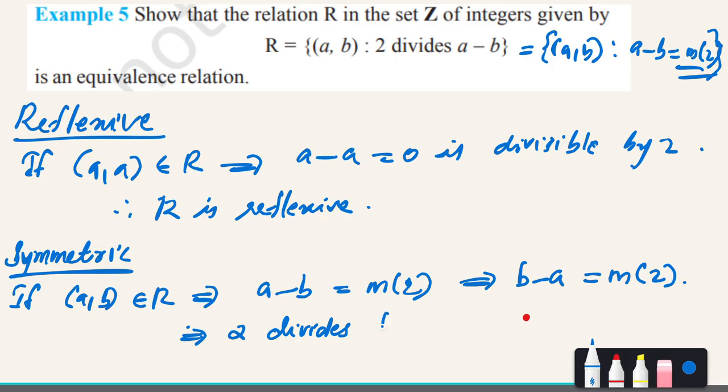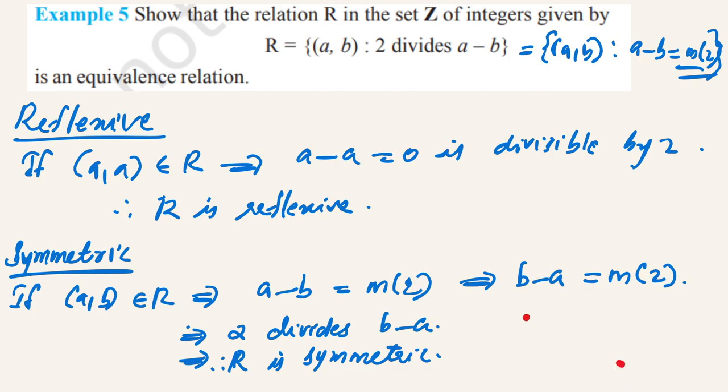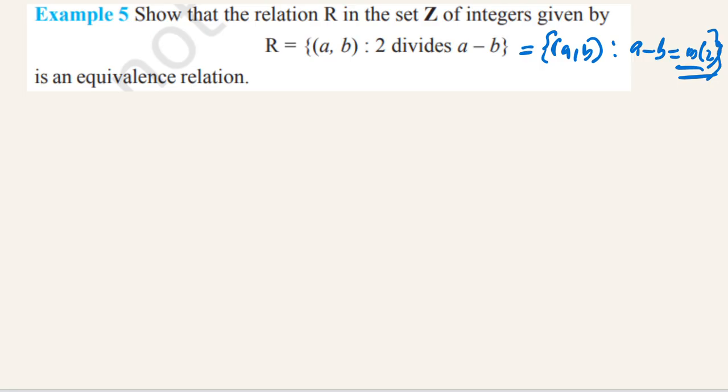Therefore, we can say that R is symmetric. I hope it's clear. We have to select a pair from the relation, and you have to check that when we switch the order, it also belongs to R. Then we can say that R is symmetric.